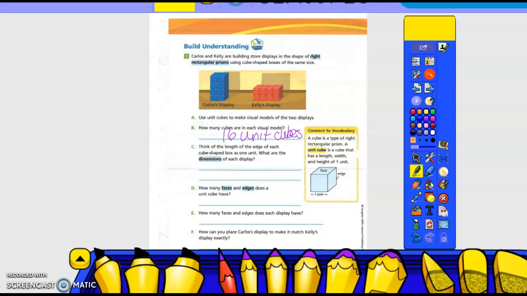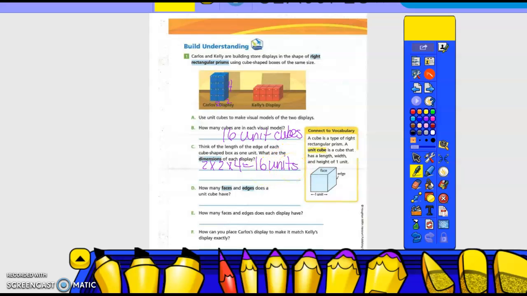So we'd have 2 by, so this would be 2. This would be 2, right? And this would be what? How tall does it go? 4, right? Which gives us a total of 16, right? So 16 units.